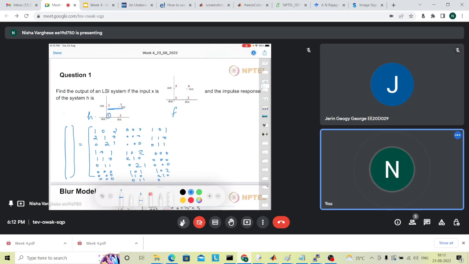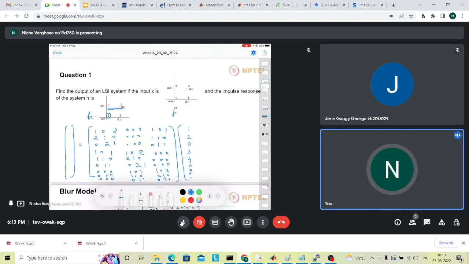This is multiplied into F. The F structure is like F00, F01, F02, F10, F11, F12, then 0, 0, 0.